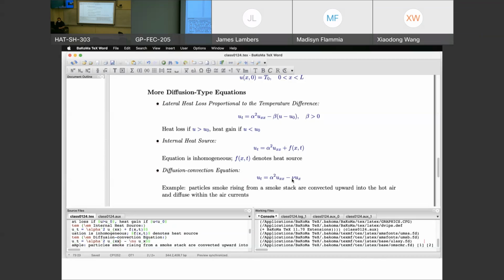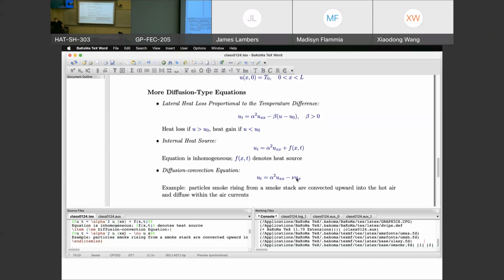So here's a real life example of what could lead to a term like this in the PDE. If these particles convected upward, and then this term leads to diffusion of those particles. So when you see a second derivative term in an equation like this, that's diffusion.